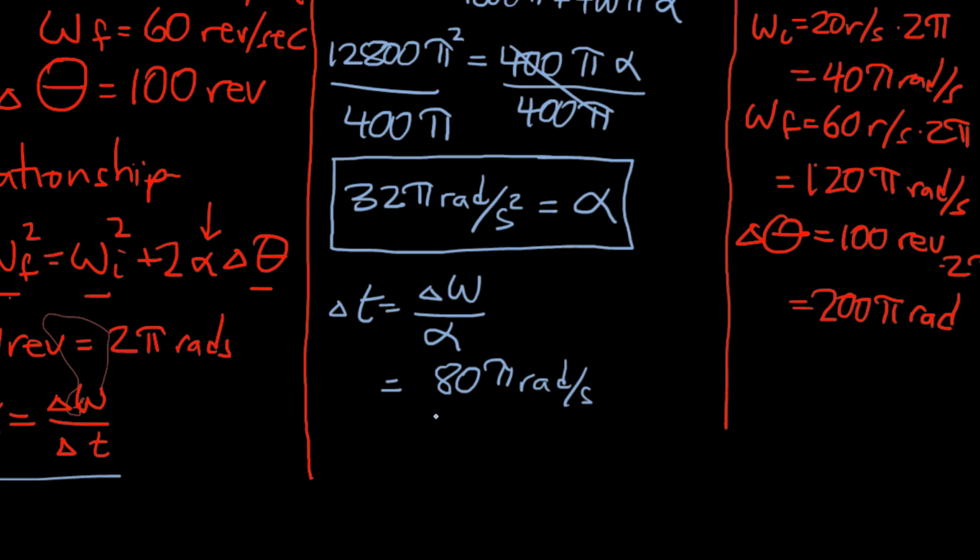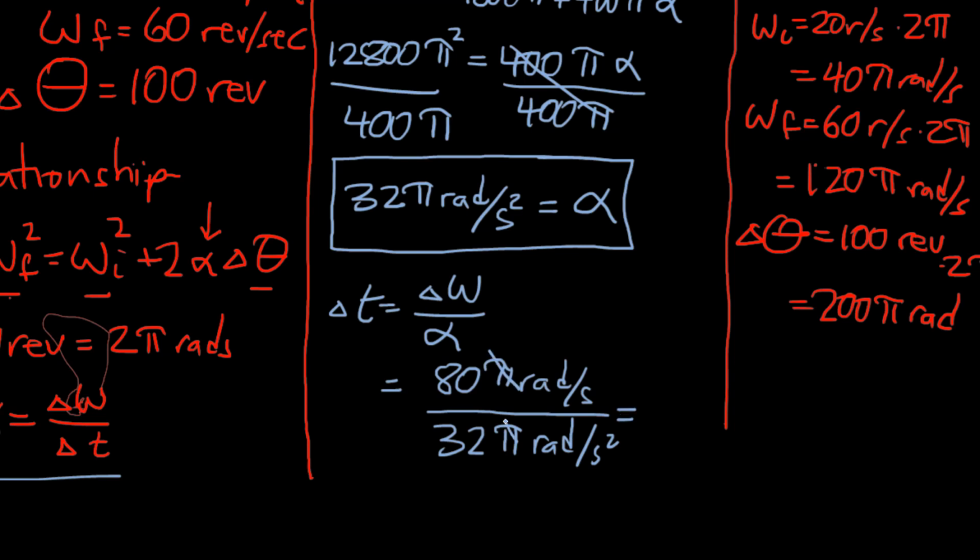I'll divide that change in angular velocity, 80 pi radians per second, by our acceleration, 32 pi radians per second squared.